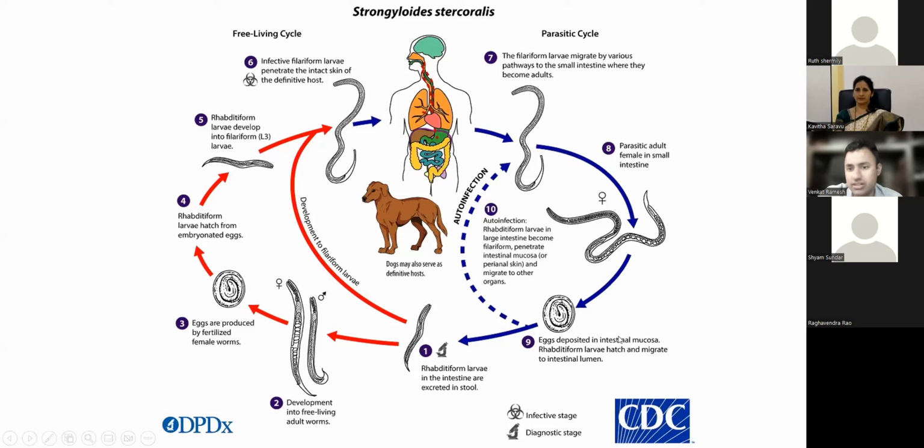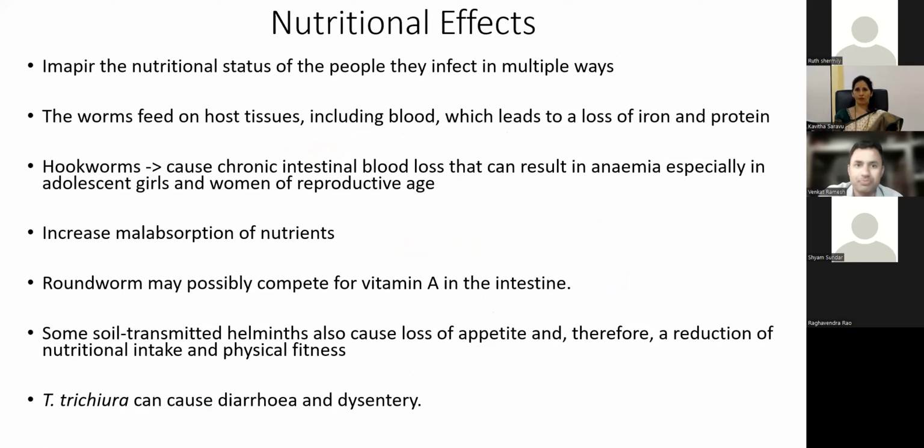So this rapidly formed larvae, which emerges from the egg, can become filariform, penetrate the intestinal mucosa or the perineal skin, and migrate to other organs. So this cycle is known as autoinfection and leads to massive multiplication of a large number of organisms in the host, and is predominantly seen in immunocompromised hosts, basically patients with severe degree of immunosuppression.